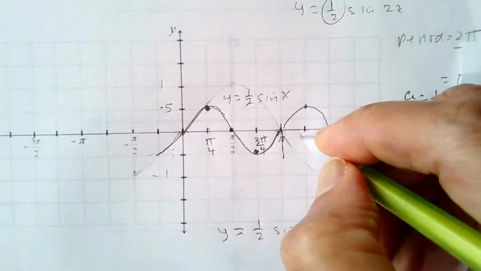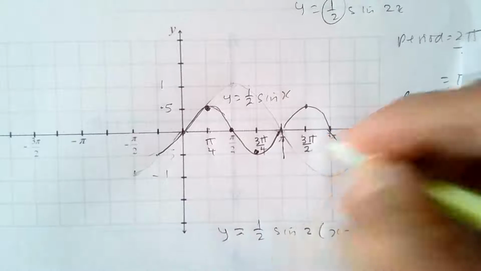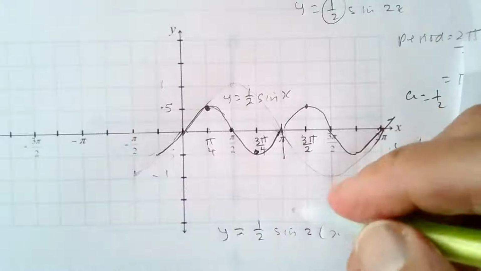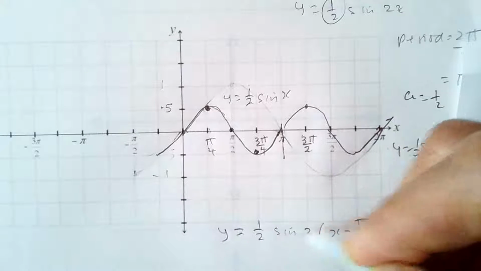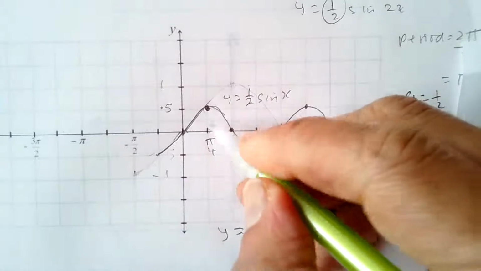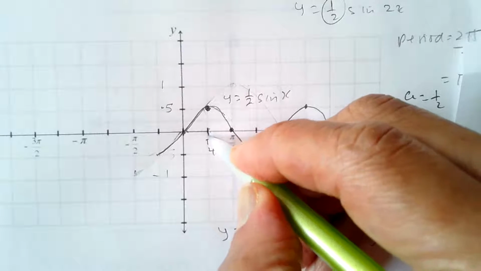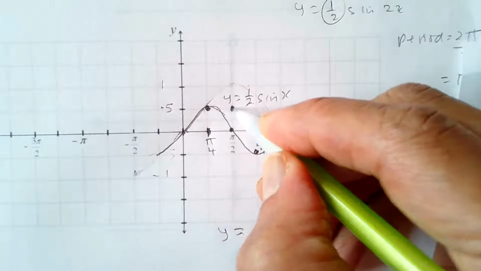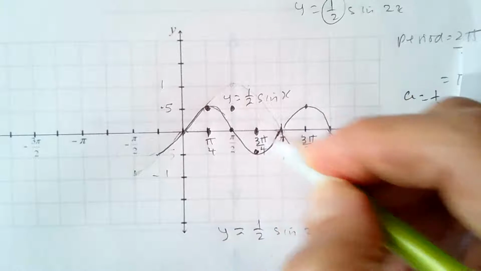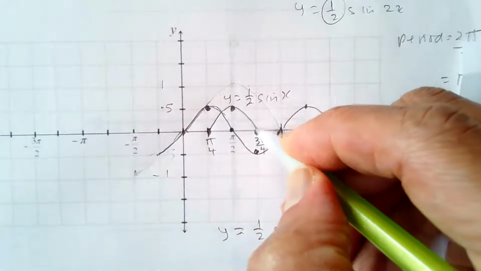So now we have 1.5 pi or 3 over 2 pi. So it will be almost the exact graph, but it shifts pi over 4 unit. So instead of beginning from here, it's starting here. So I got a point here, it goes up, comes back down, goes down, and here. So this is one cycle.